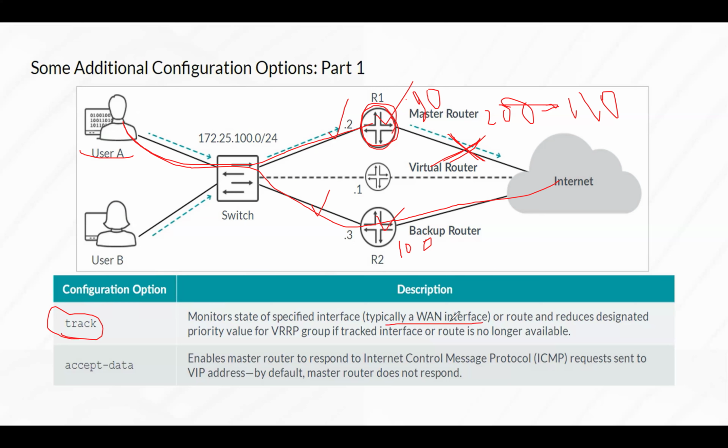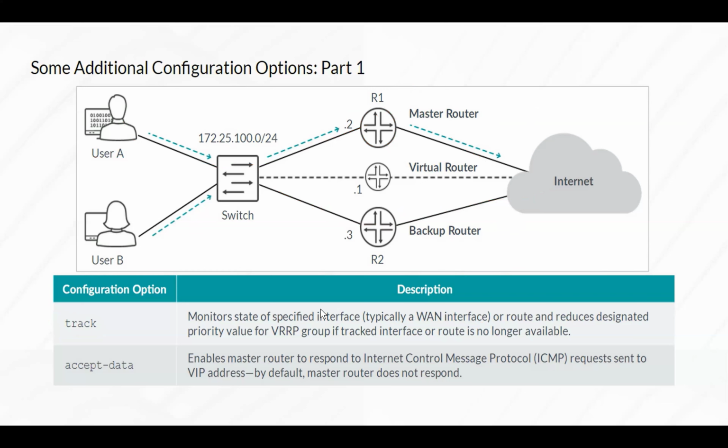If the WAN interface goes down, just decrease your priority value so that the priority value is less than the backup router's priority value. So the backup router will be the master router and the master router will be the backup router.